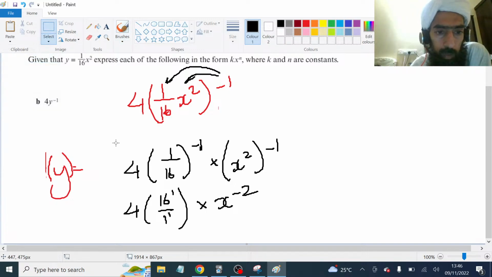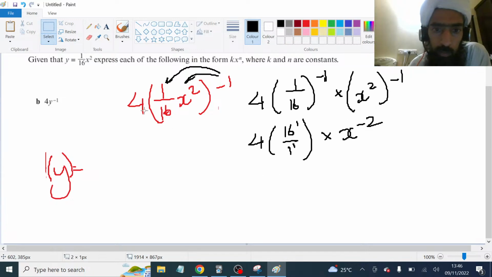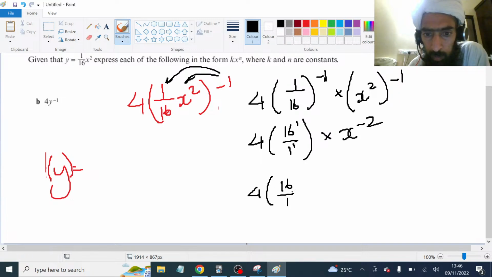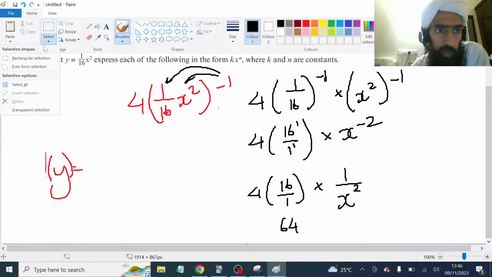A bit more work to do on this. If you remember, power 1 is the same number, it doesn't really affect anything, so that can be written as 4 times 16 over 1. And then a negative power means 1 over, so 1 over x squared. 4 times 16 divided by 1 doesn't make any difference. 4 times 16 is 64, so I'll have 64 times 1 over x squared, which is just 64 over x squared.